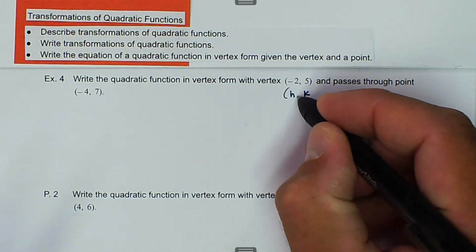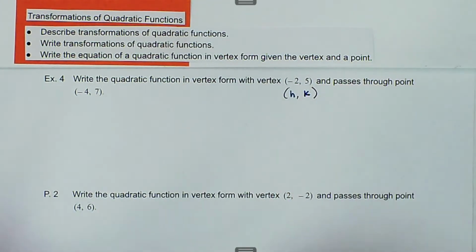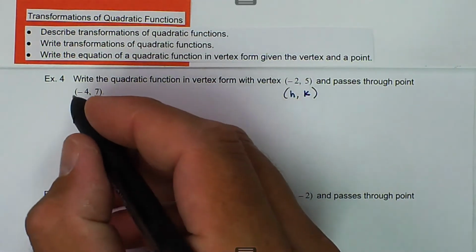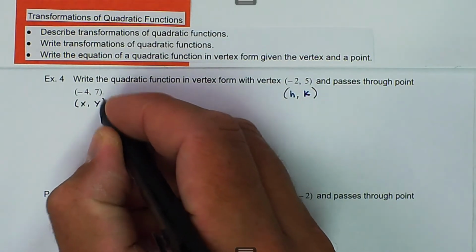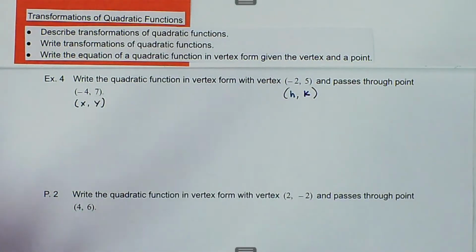So that's going to be our vertex, h, k, and passes through the point -4, 7. And this is just going to be a point on the parabola.